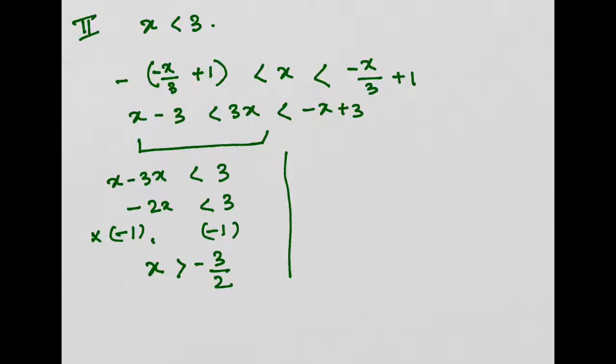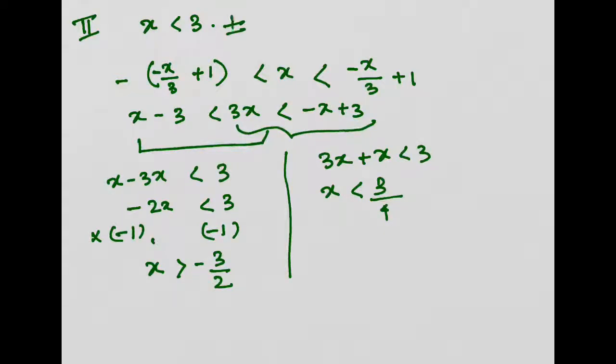And here, considering these inequalities, I am having 3x plus x less than 3, or x less than 3 by 4. Directly I am writing it. Okay, so here I am seeing that my condition is x should be less than 3. Yes, in both cases the answer is true.